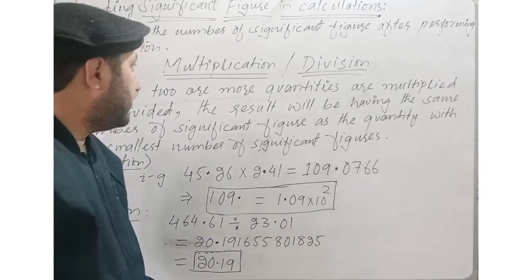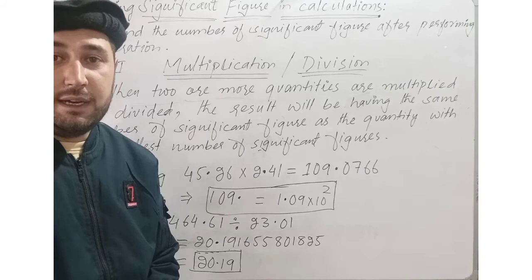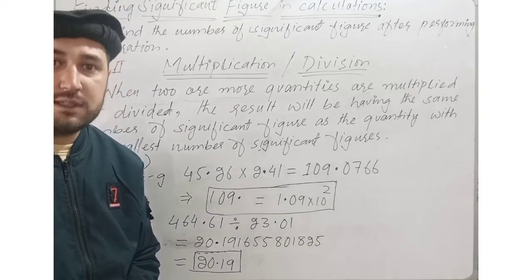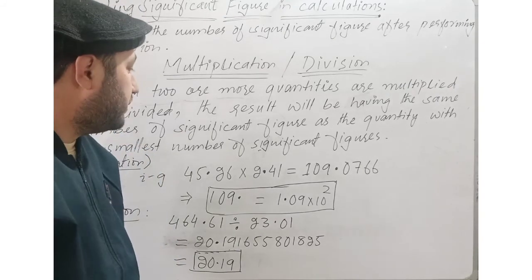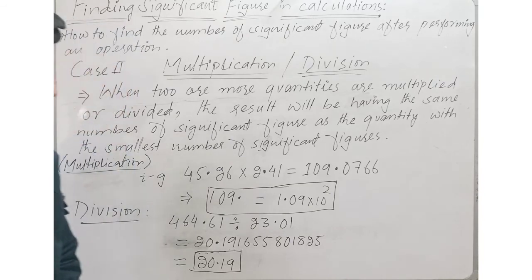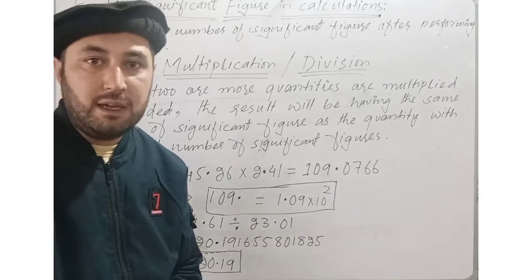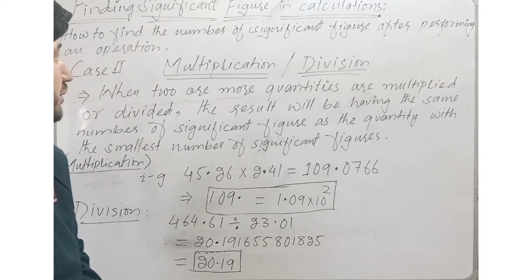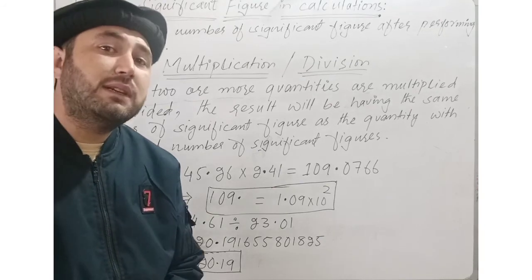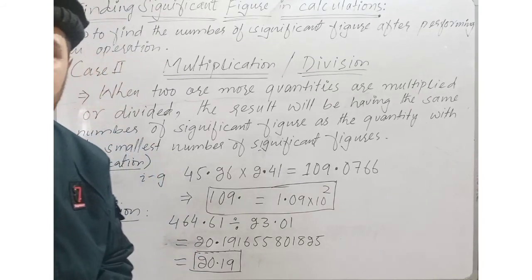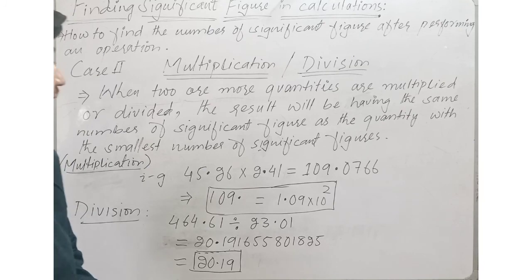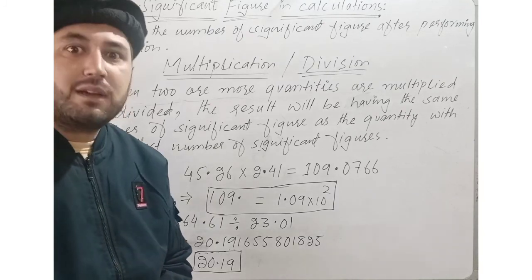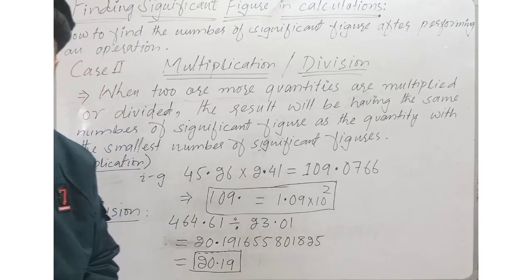Whether you are multiplying or dividing, adding or subtracting, you can remember these rules and simplify the calculation. Even if we use a calculator, we can compute the result very quickly, but a calculator doesn't give us any idea about the correct number of significant figures in our result.